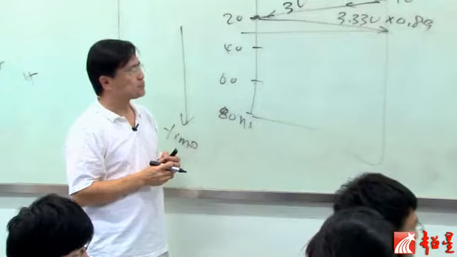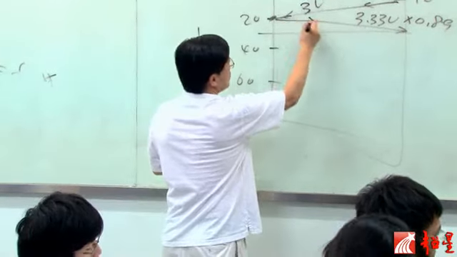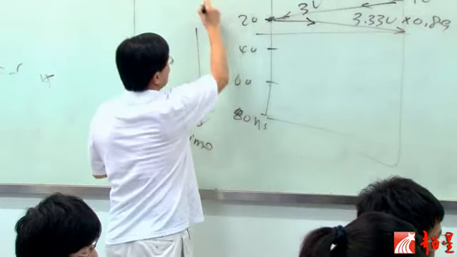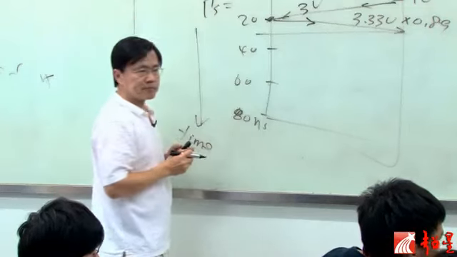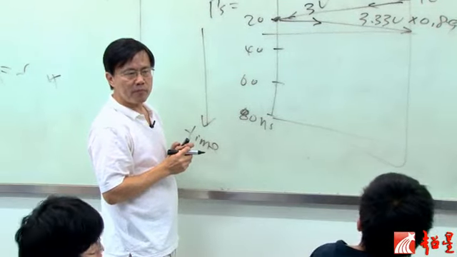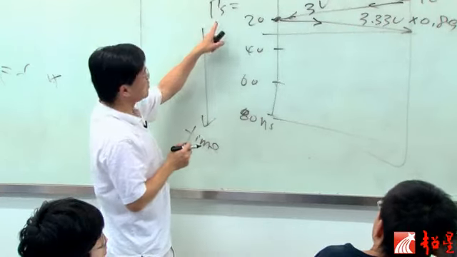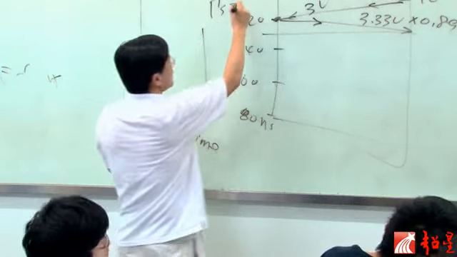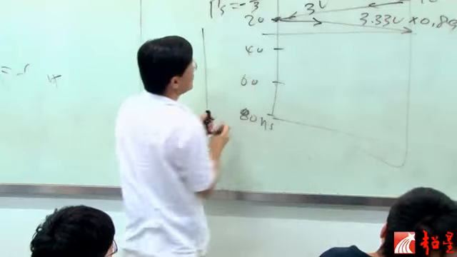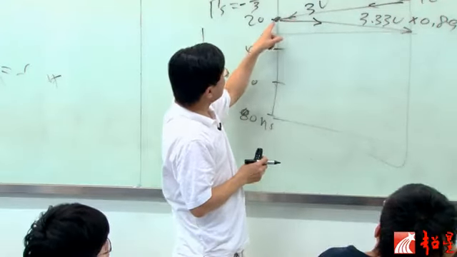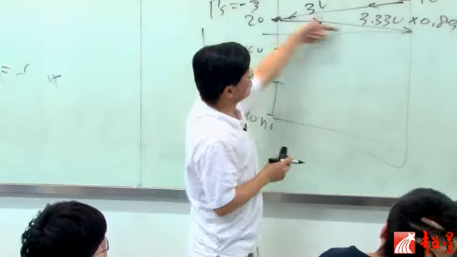Okay. Then it's going to reflect. What is the reflection coefficient at this point? What is the source reflection coefficient? It's negative 1/3. So if 3 volts hit this point, how much is going to go back?